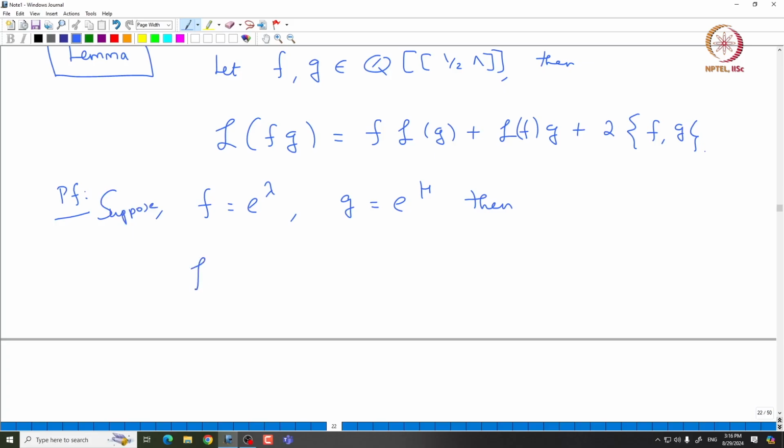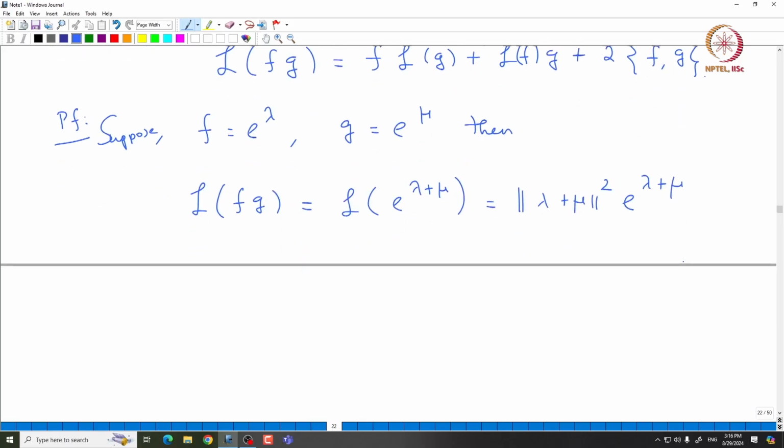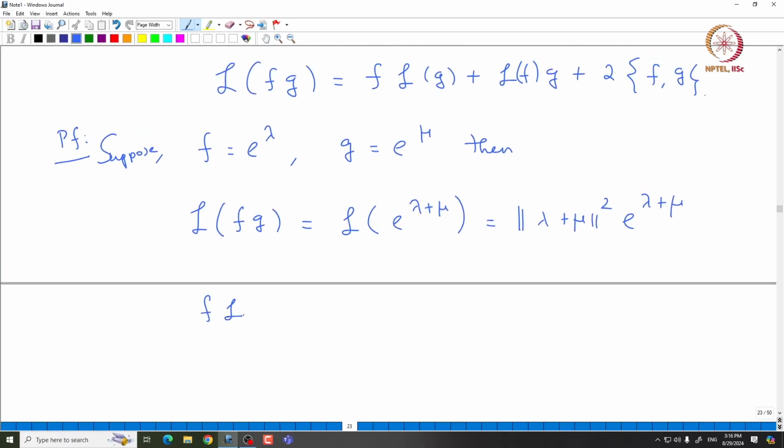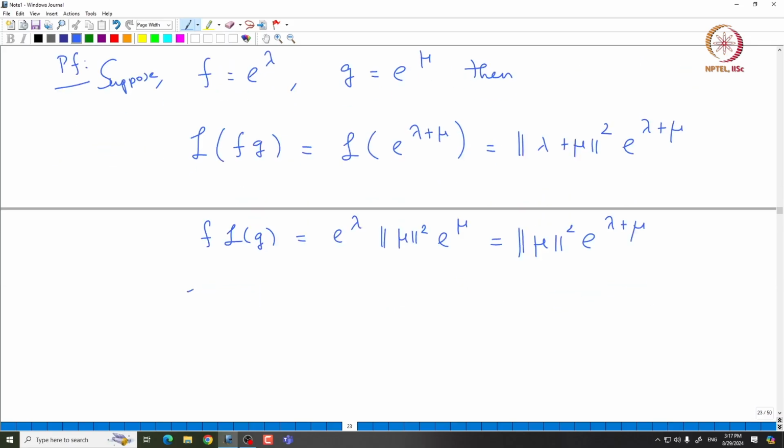You can easily see that the L of f g is the Laplacian operator applied on e power lambda plus mu, which is the norm lambda plus mu square e power lambda plus mu. And similarly, what is f times L g, which is e power lambda times the norm of mu square e power mu, which is norm mu square e power lambda plus mu. And what is L of f times g, which is similarly norm lambda square e power lambda plus mu.